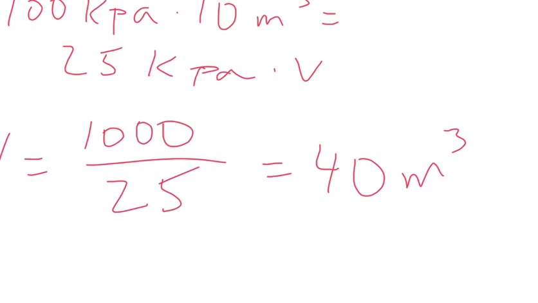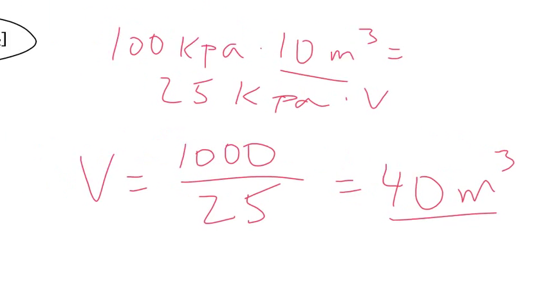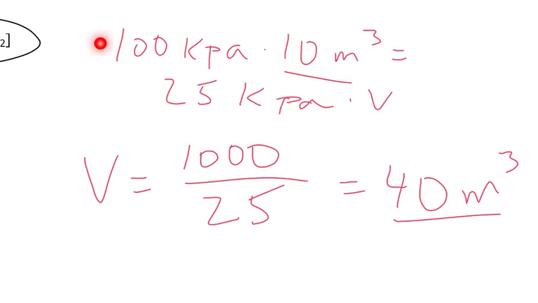Notice, 40 is 4 times more than we started with. What do you notice about the initial pressure compared to the final pressure? The final pressure is 1/4 of the initial. So the volume is going to expand by 4 times. This decreases by a factor of 4, this increases by a factor of 4. It's a direct relationship. Well, no, it's not a direct relationship.